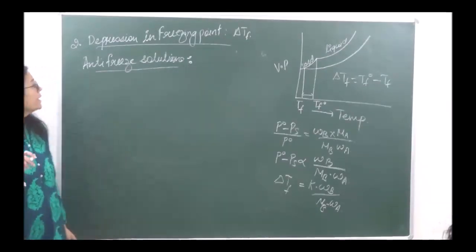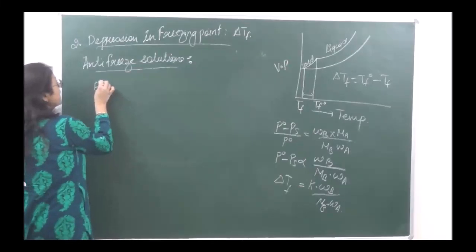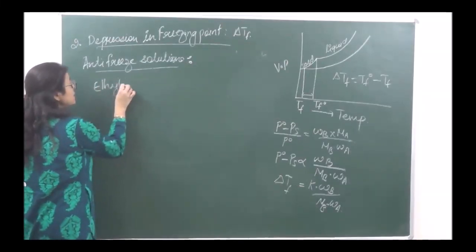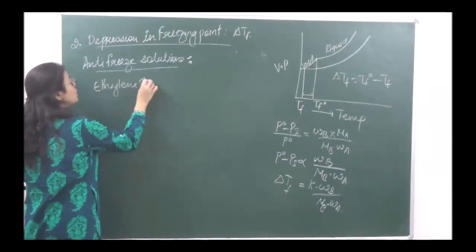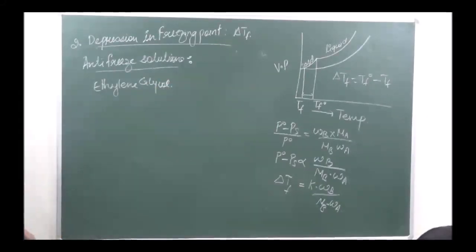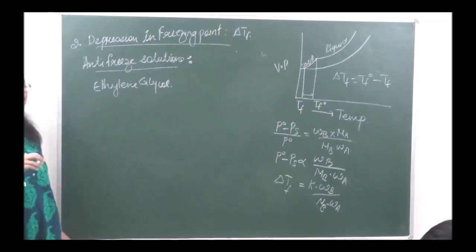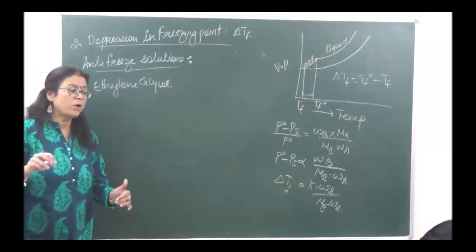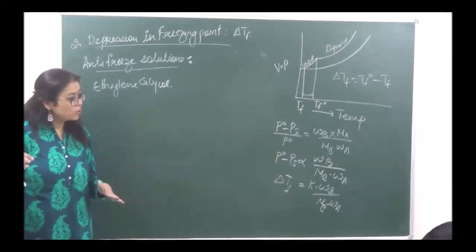For example, one anti-freeze which we use is ethylene glycol. Ethylene glycol is one anti-freeze solution which is used in the radiators, and when we are using this ethylene glycol, the freezing point of the solution can be lowered.